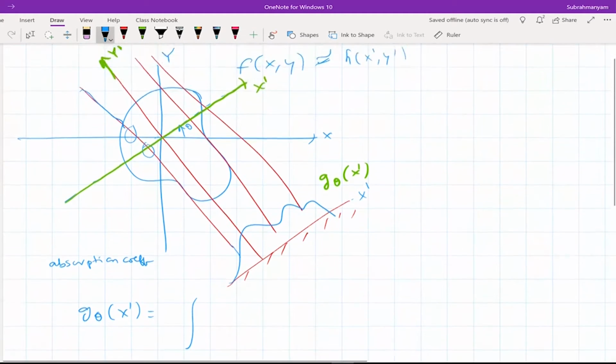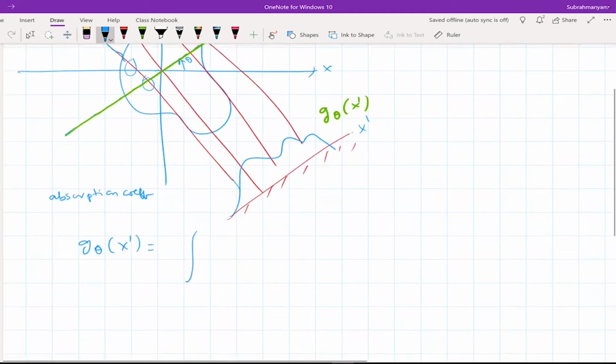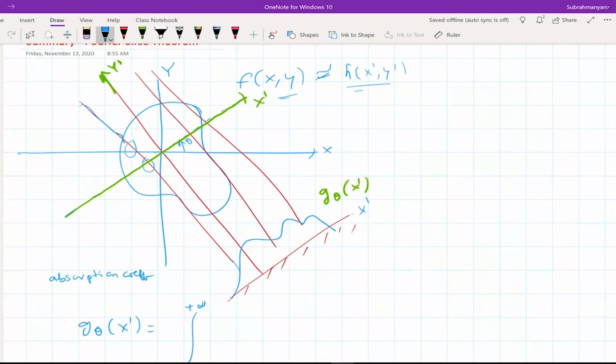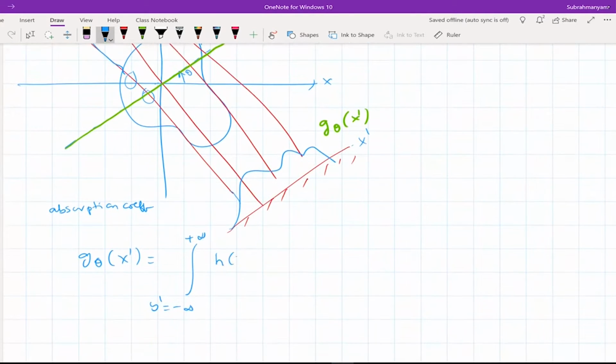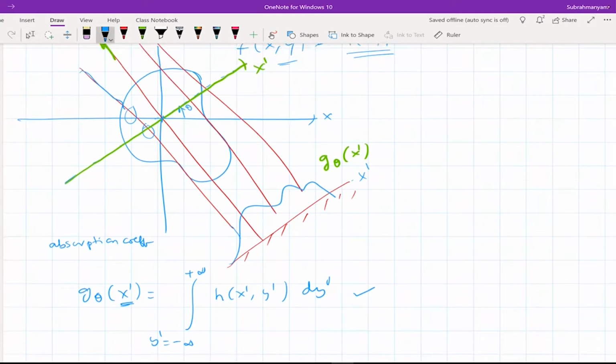Along the y dash axis, you will integrate all absorption coefficients, so y dash from minus infinity to plus infinity of this f of x,y, written as the equivalent function h of x dash comma y dash, dy dash. That's how for a given x dash you will get this value, right? By the way, this 0 here is also the same as the 0 here, for this x dash.